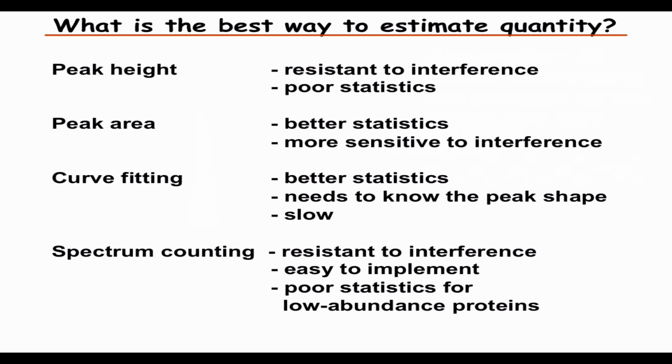If you just take the height, that will have very little influence on the height. But the peak area, of course, will be much larger, especially if we have noisy peaks, because it's not always easy to determine where it starts and ends.